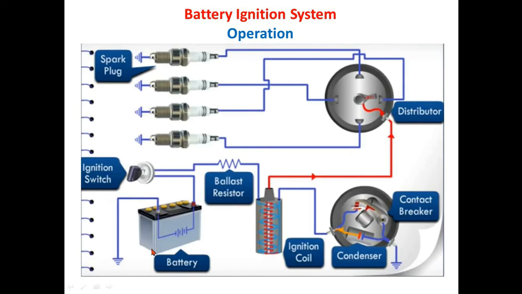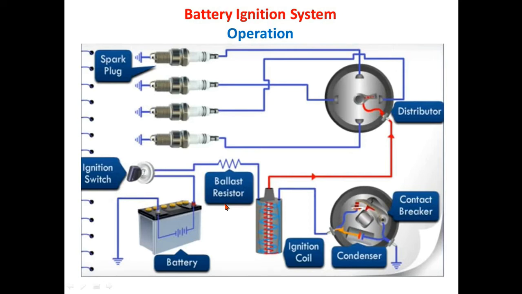Here, when the ignition switch is turned on, the primary circuit gets closed and the current starts flowing from the battery to the ignition coil. In the primary circuit, a ballast resistor is provided, which regulates the flow of current and helps to avoid overheating of the spark plug.